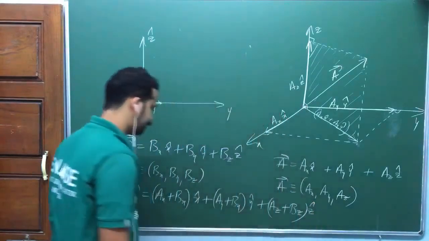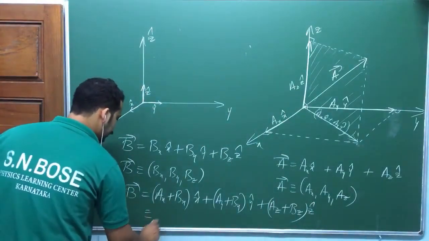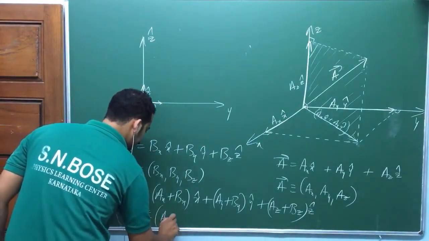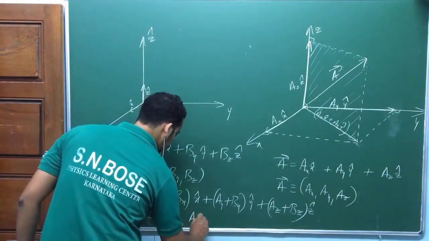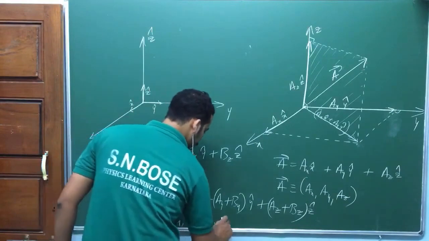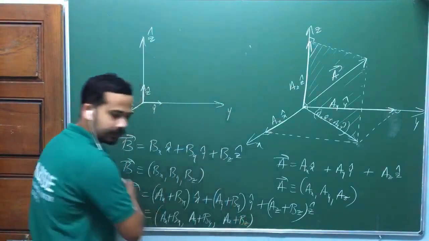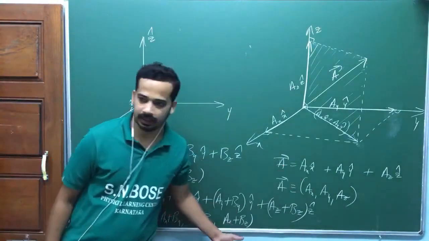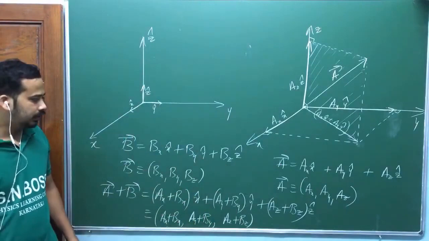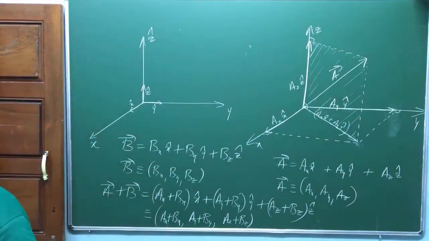Am I right? And this is represented by Ax plus Bx, comma, Ay plus By, comma, Az plus Bz. So that's why when you add vectors, components are getting added. That's why it is very easy to work with the components.